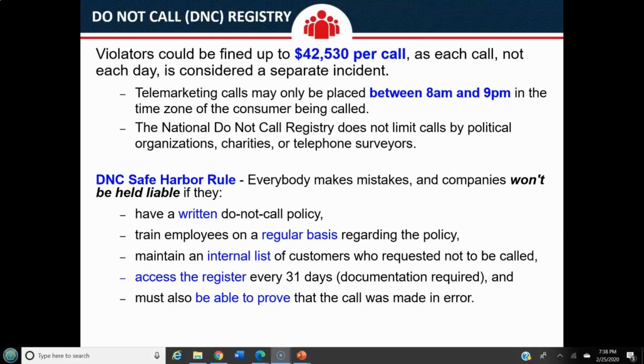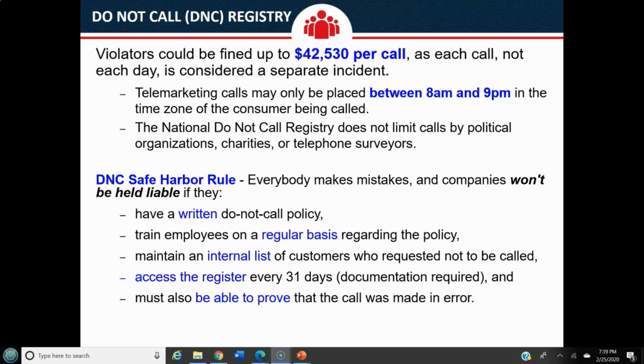Violators could be fined up to $42,530 per call, as each call, not each day, is considered a separate violation, a separate incident. Again, violators could be fined up to $42,530.